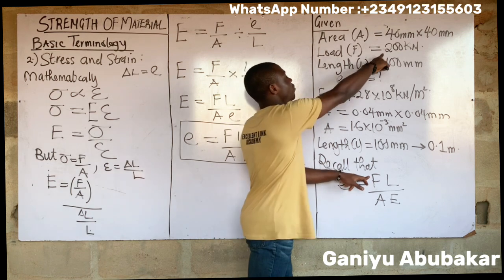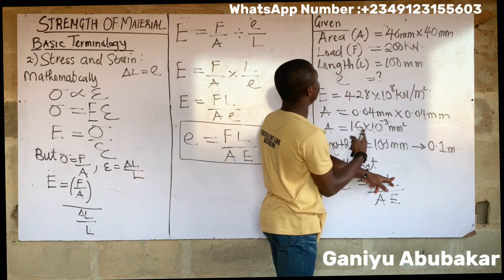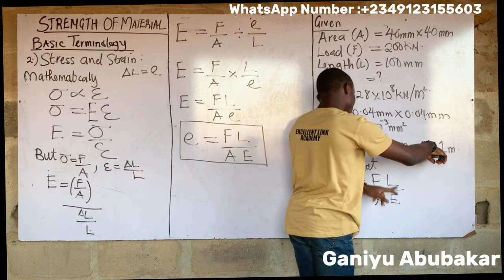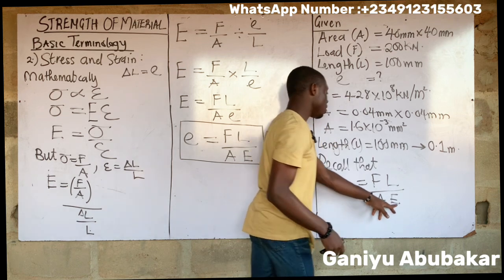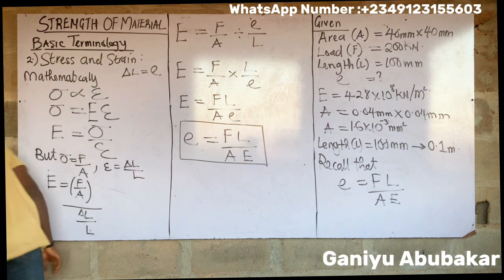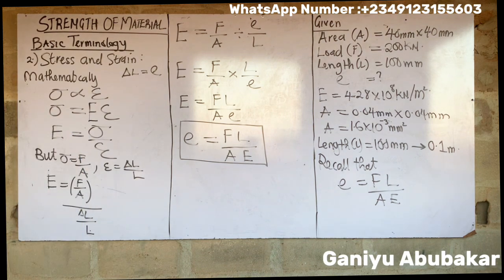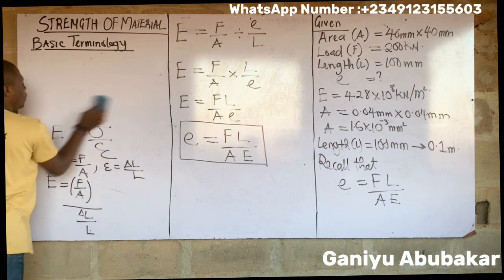Of course, force is given, 200 kilonewton. Am I given length? Length is 0.1 meter. What's area? That's 1.6 times 10 to the power minus 3. What's E? This value here. So let's get our e, or perhaps shortening length.